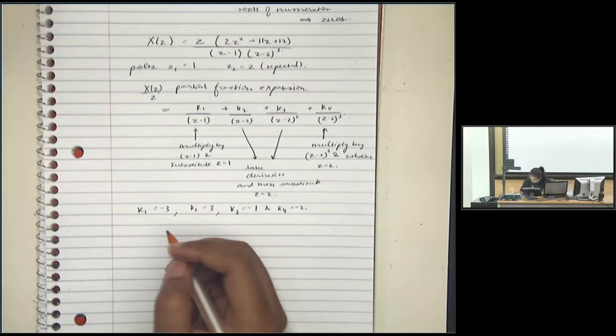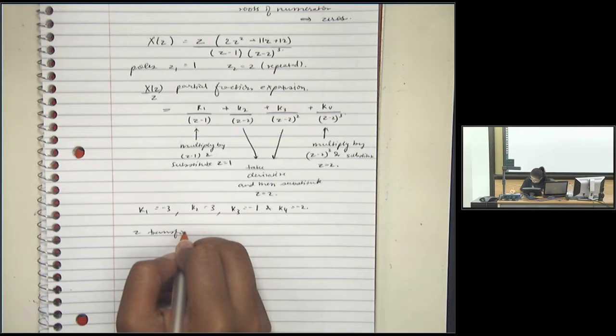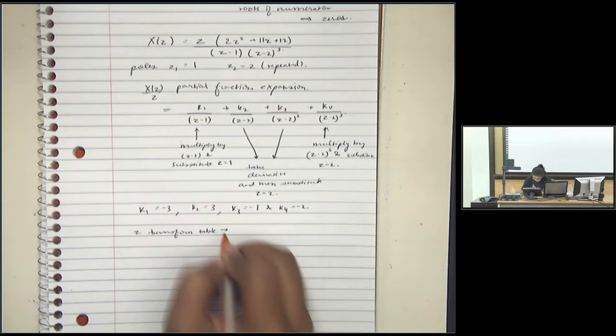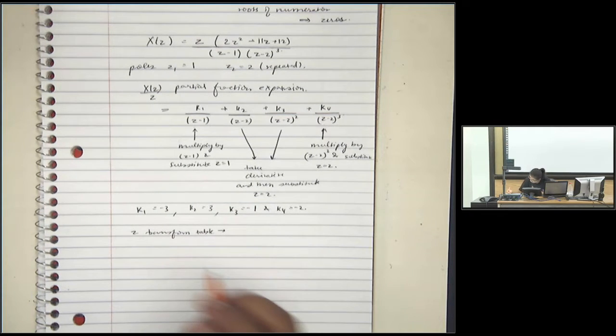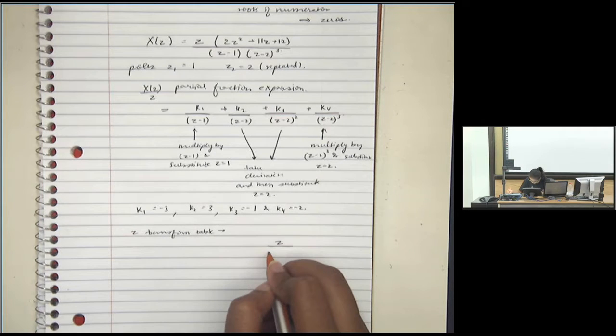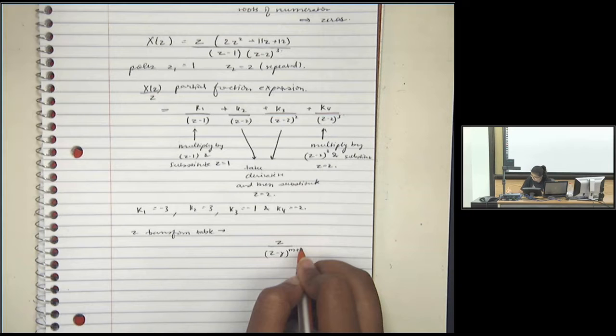Now from the Z transform table again, we will have that z over z minus gamma raised to power m plus 1.